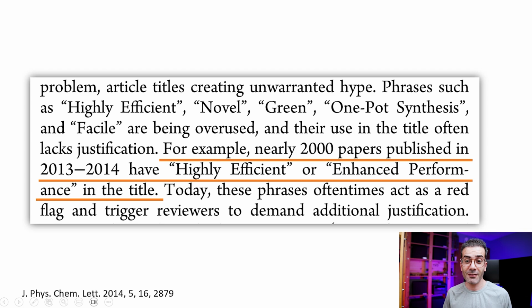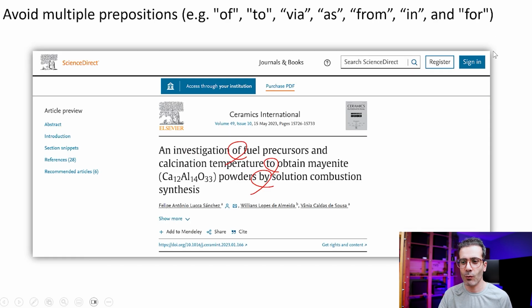They have specifically said that in 2013 to 14, people used words like enhanced performance or highly efficient, but these papers have been published in the same field without enough expansion in that specific niche. So people just overuse these words, and it's a red flag for the editor. So try to avoid them.